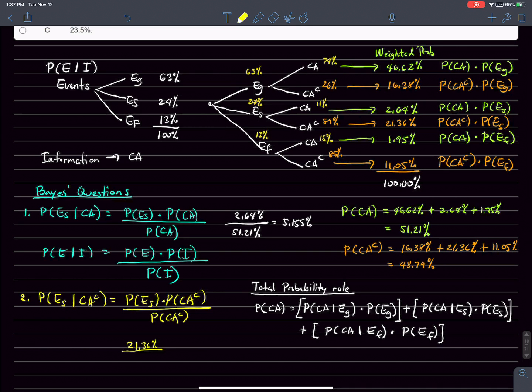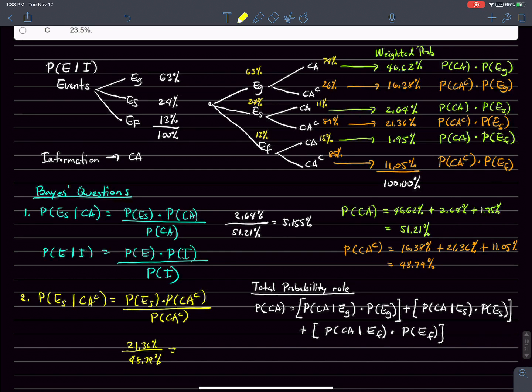You have to apply the total probability rule again for these orange ones. So it's the probability of, let's say, CA complement given that the economy will grow, multiplied by the economy will grow, and so on. So this is the one, 48.79. I'll just plug the figure here.